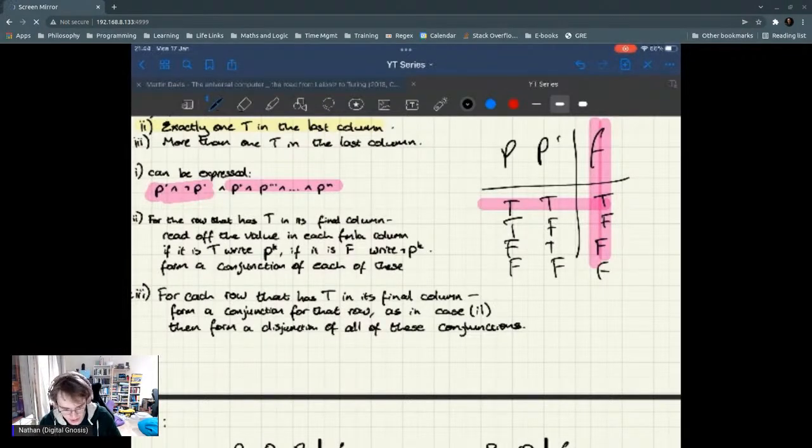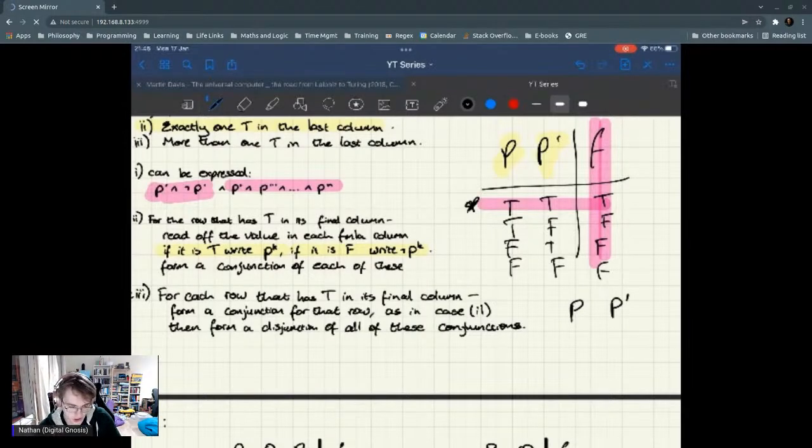Well, that's clearly that row. We're going to read off the value in each formula column. So here, those values are p and p prime. If it's T, we write p with its value number. If it's false, we write not p. So we're going to get p, and we're going to get p prime.